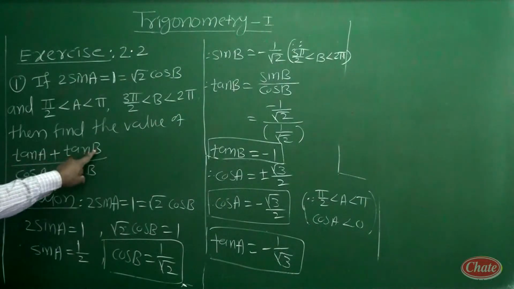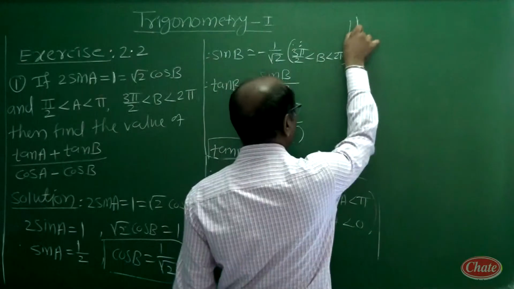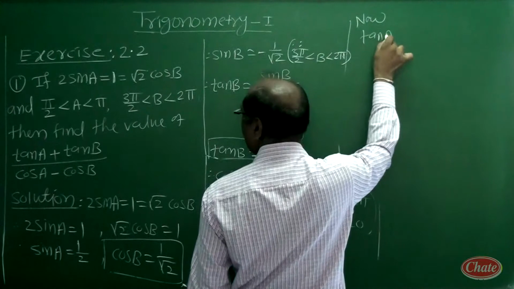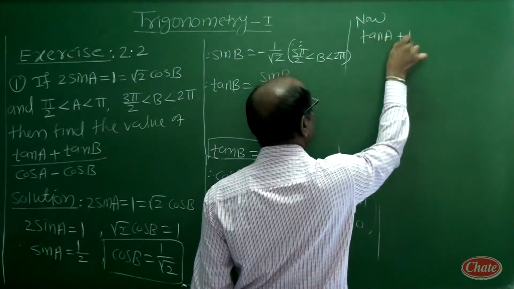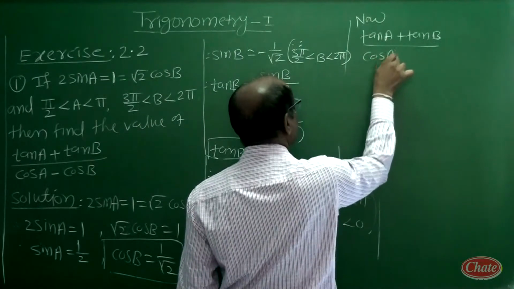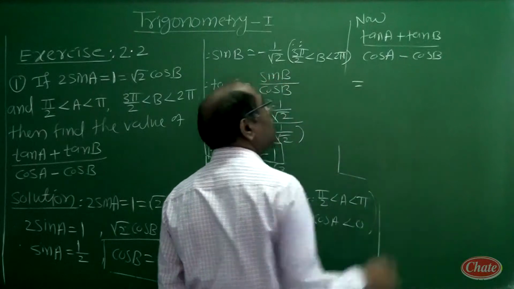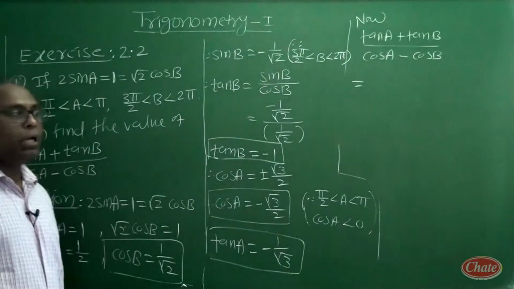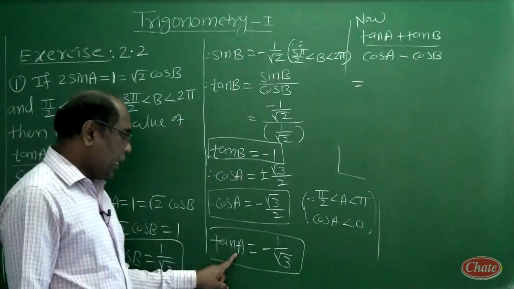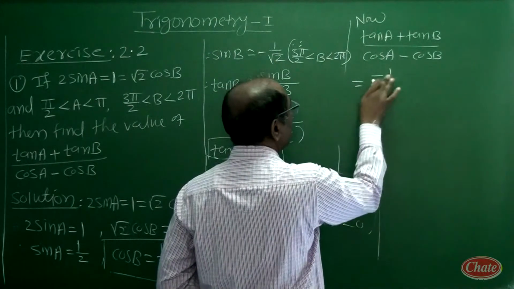Tan A plus tan B upon cos A minus cos B. So tan A plus tan B divided by cos A minus cos B. What is value of tan A? The value of tan A is minus 1 upon root 3.